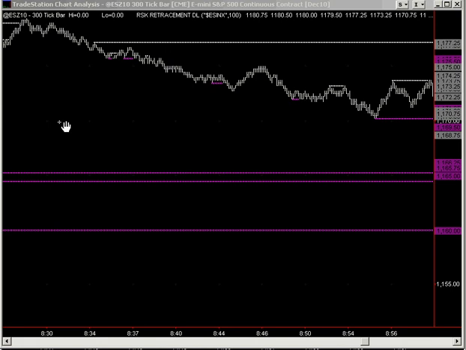When the market is moving down, if we get a retracement line above the market, we paint a white line. If it's below the market, we paint a magenta colored line. Now look at our retracements. This is the beginning of the day. Some of these retracements were holdovers from the previous day.